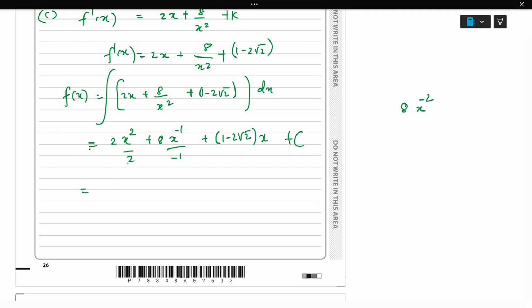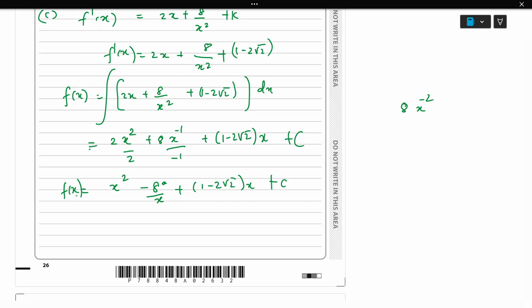So now we'll simplify, which is x square minus 8 over x, because x power negative 1, plus 1 minus 2 root 2 into x plus c. Now we need to find the c. So the left side is f of x.